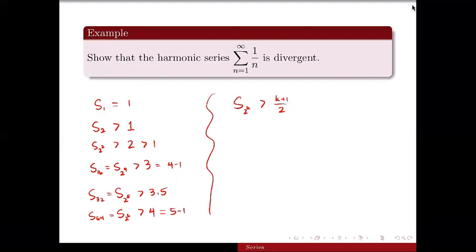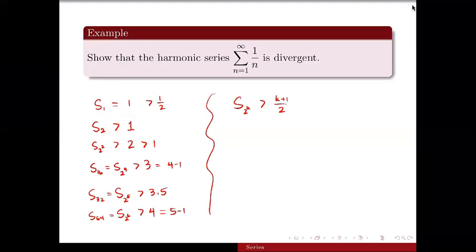And we see it here, greater than 1 half. If k equals 1, then that's 2 to the 1, so you are looking at S sub 2. But S sub 2 is 1 plus 1 over 2, that's 3 halves, 1.5.